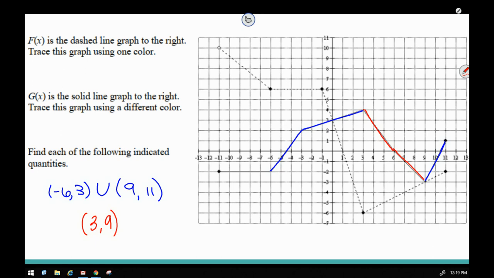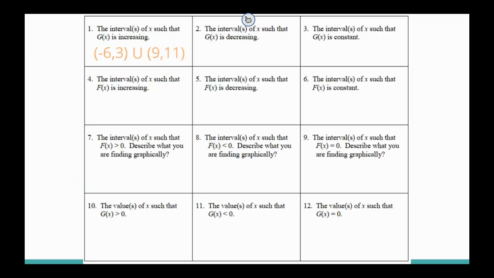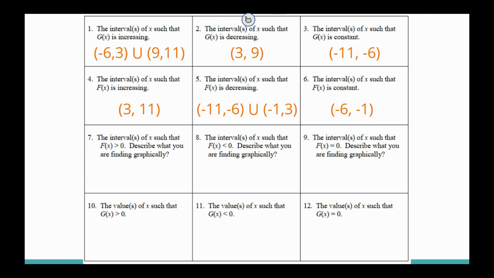Okay, go ahead and do those next few. So I'm going to put the answers up here so you can check them. 3, 4, 5, and 6.